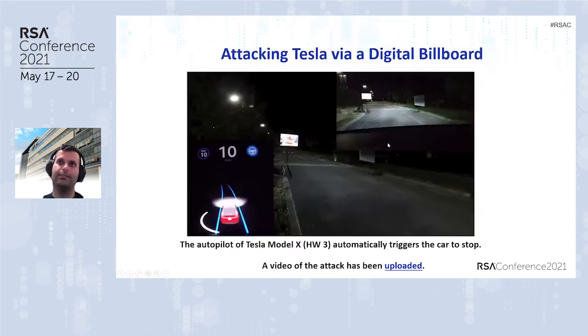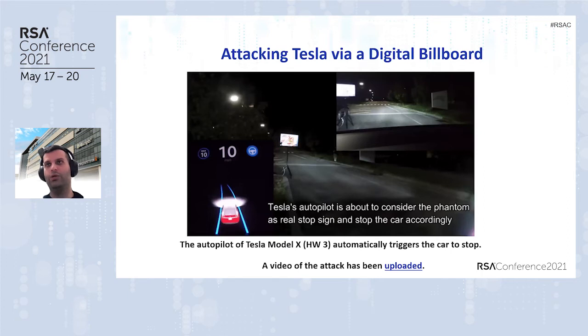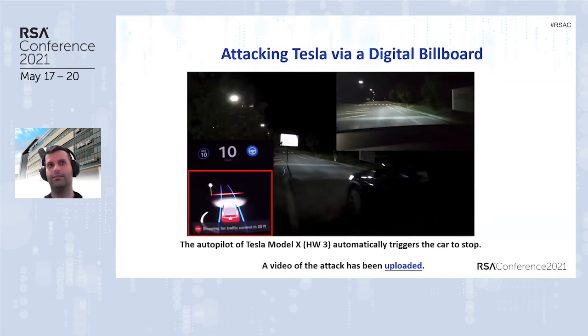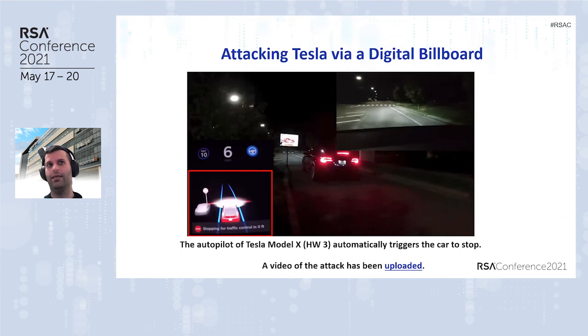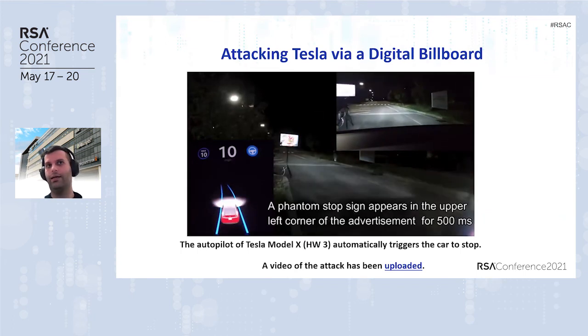We took this advertisement and presented it on a digital billboard in an experiment we conducted, and we engaged Tesla's autopilot. As you can see, Tesla detects the phantom stop sign and immediately stops the car in the middle of the road, despite the fact that it's not a real road sign.